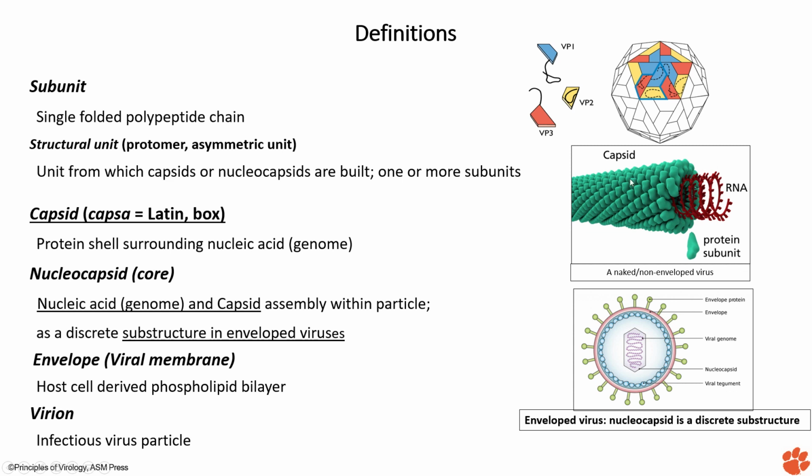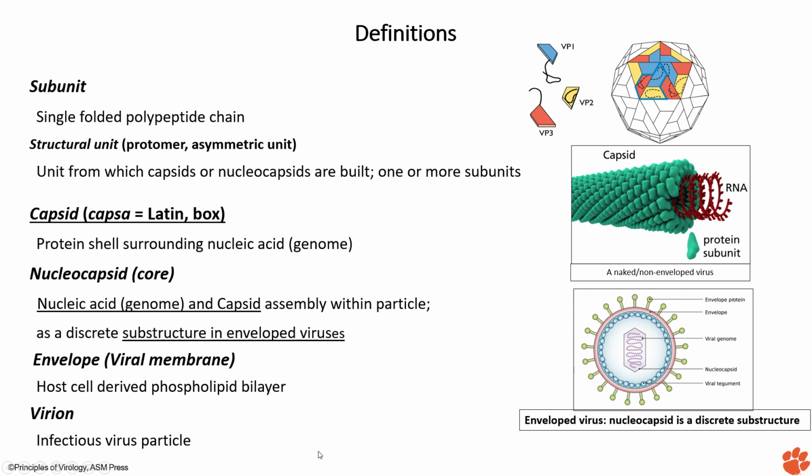Now, if you have a similar structure, and this is your genome for a virus, and it is covered by some protein, the protein and the nucleic acid together is a distinct substructure. This is your nucleocapsid, which is inside the capsid, and sometimes it can be covered by a membrane as well. So it has to be a discrete substructure.